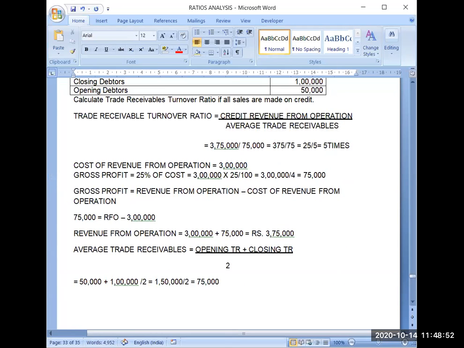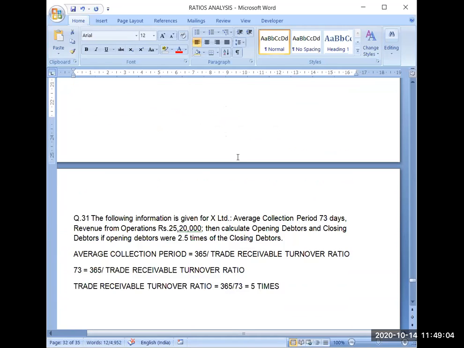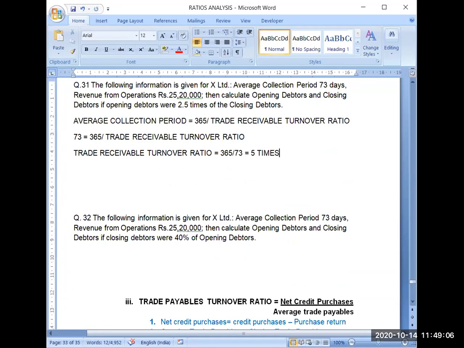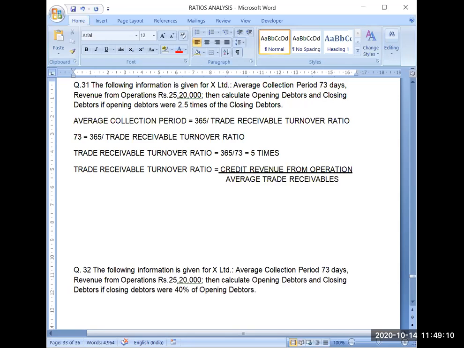The next formula is trade receivable turnover ratio is equal to credit revenue from operation upon average trade receivables. With the help of this formula, now I know trade receivable turnover ratio is 5.